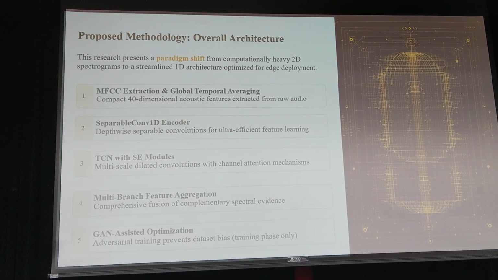Fourth, a multi-range feature aggregation head. And finally, a generative adversarial network, or GAN, optimized strategy. I will detail the mathematics behind each of these modules in the following slides.